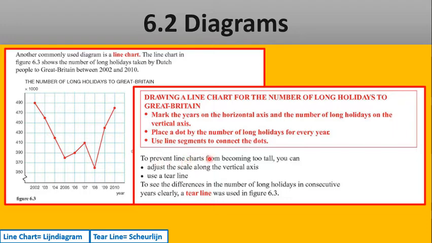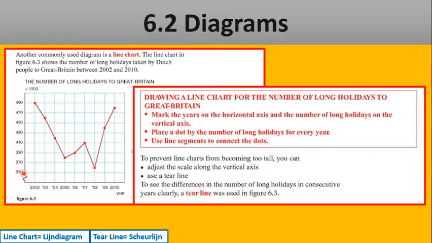To prevent line charts from becoming too tall, you can adjust the scale along the vertical axis. You decide which numbers you place here. So try to find numbers that are going to correspond to a clear diagram or chart in this case. And also sometimes you can use a so-called tear line, of een scheurlijn in het Nederlands, right?